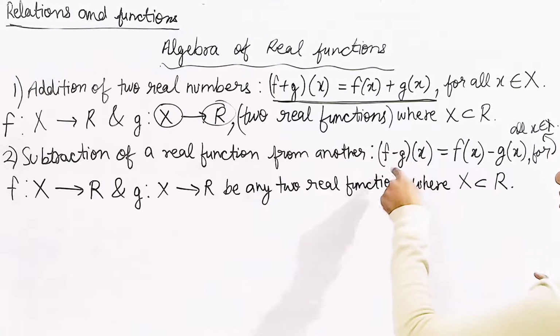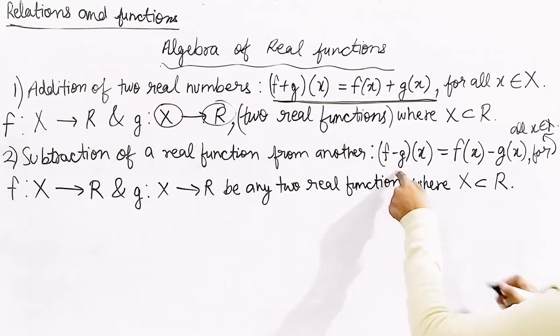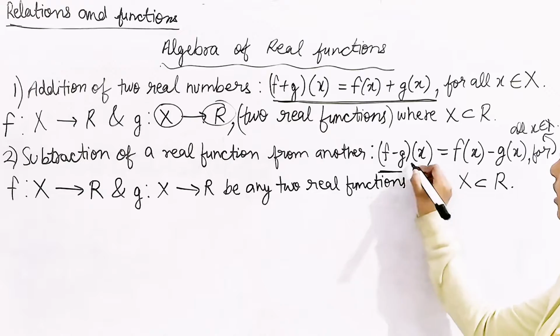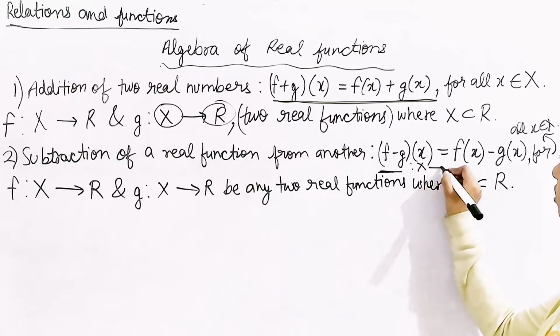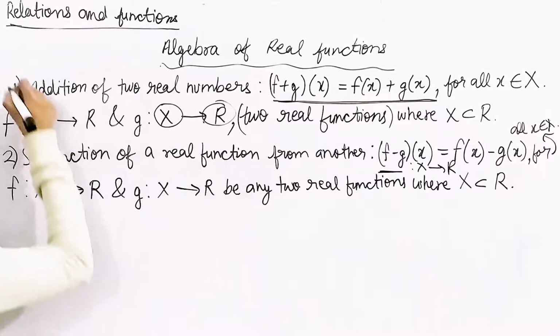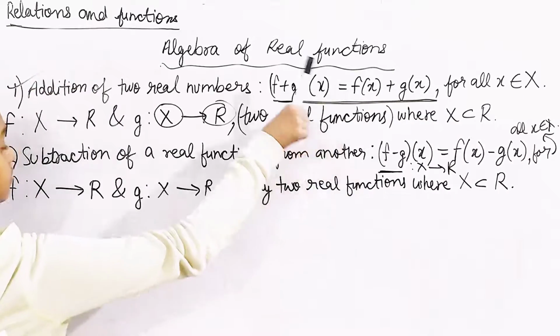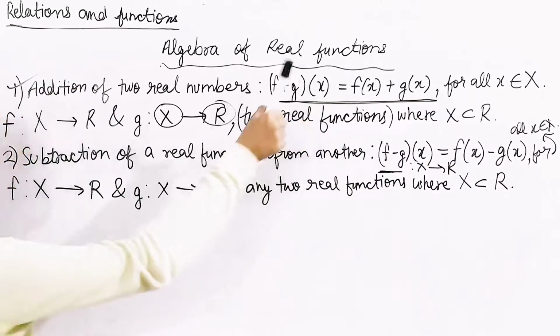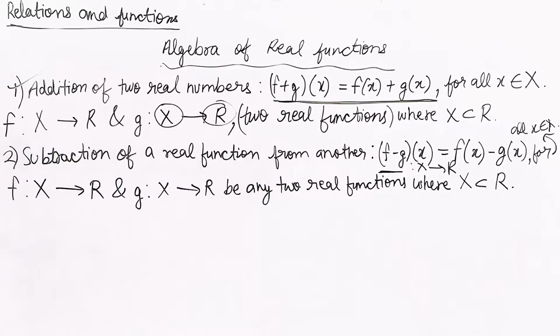We're going to define that this f minus g is from X to R. This is similar to this one, and in this one too, just the same, it's going to be f plus g.